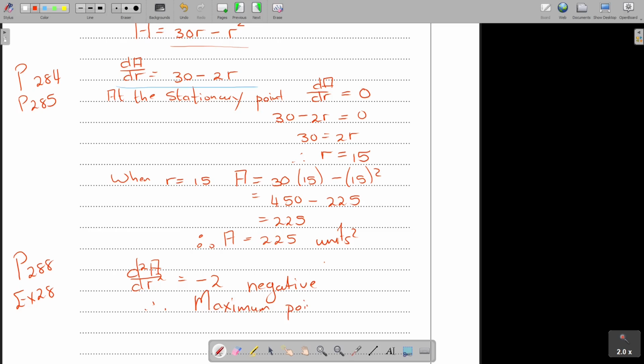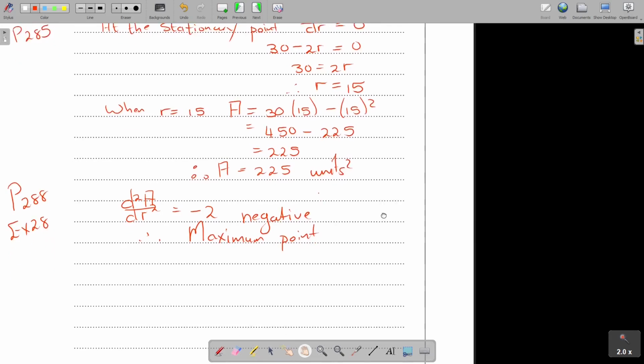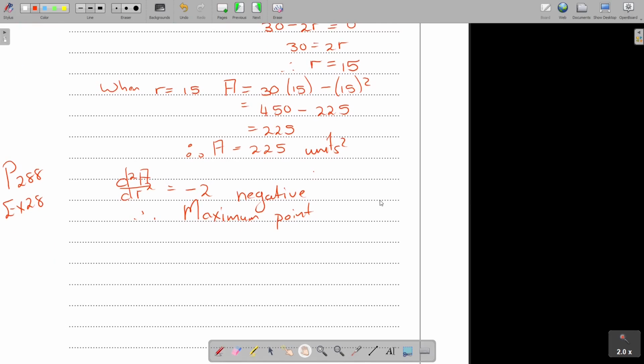I just want to show you the other method, though you don't have to do both, please. You will see it on page 285. As I said, the value was 15. Where did I get that 15?